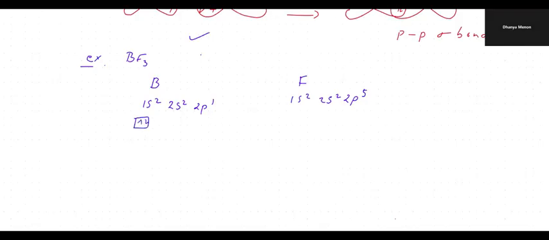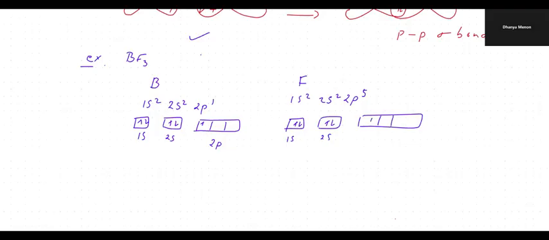The overlap is between 2p of boron and 2p of fluorine.